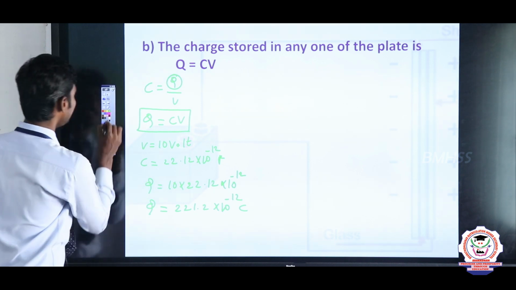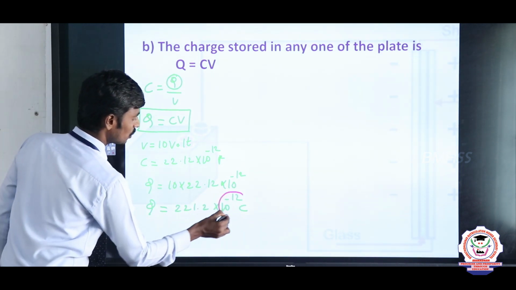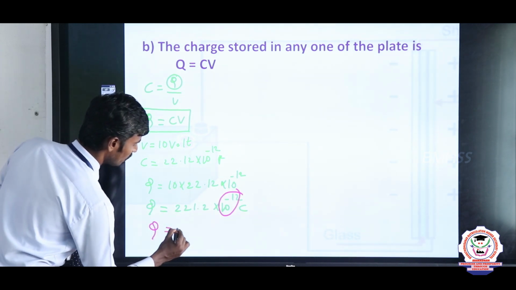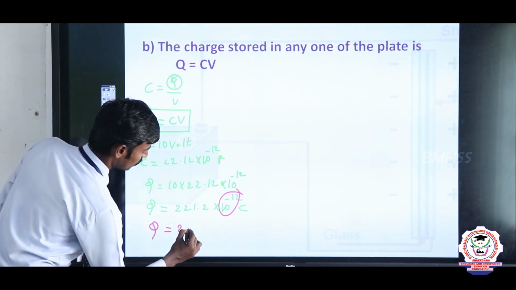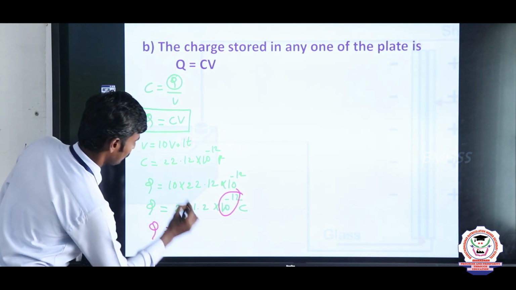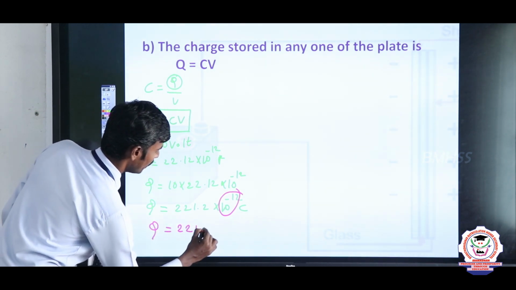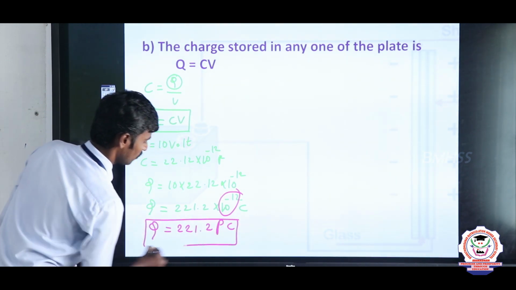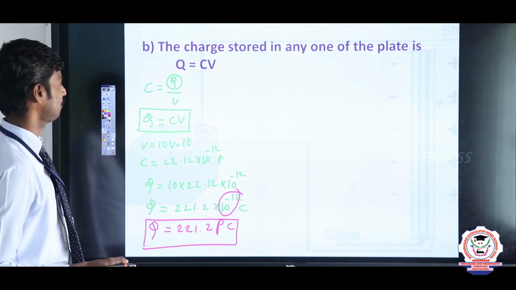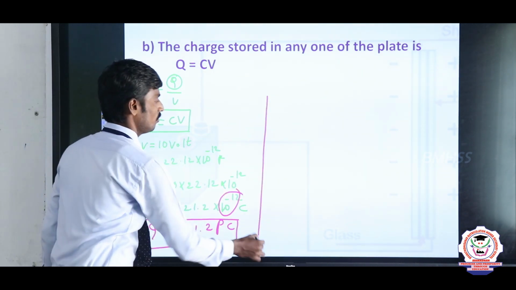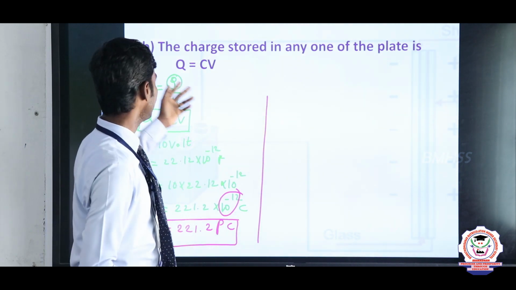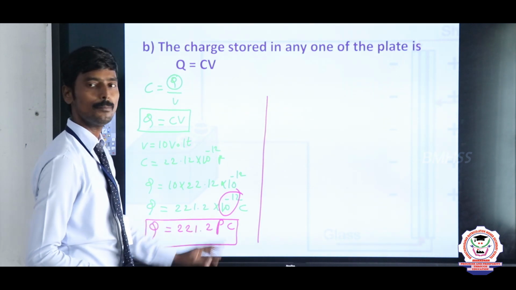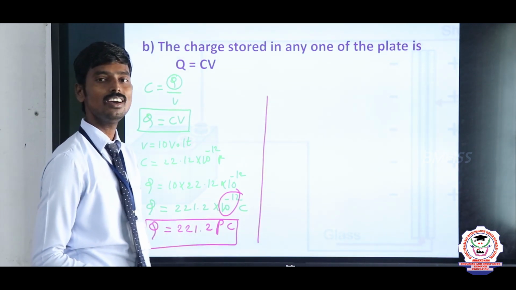Since 10 power minus 12 is pico, the answer is Q equals 221.2 picocoulomb. This is the second answer. The charge stored in any one of the plates is Q equals 221.2 picocoulomb, where 1 pico is 10 power minus 12.